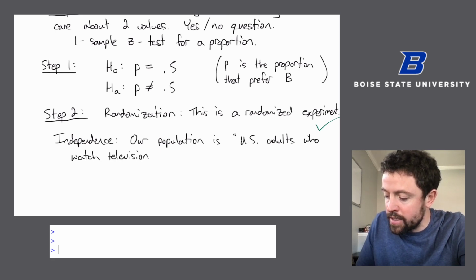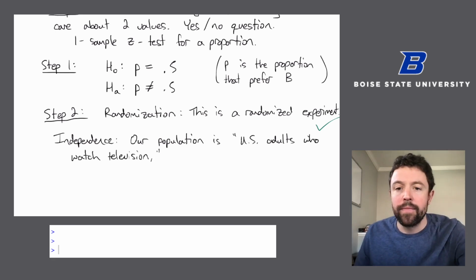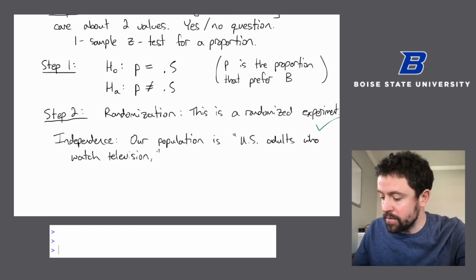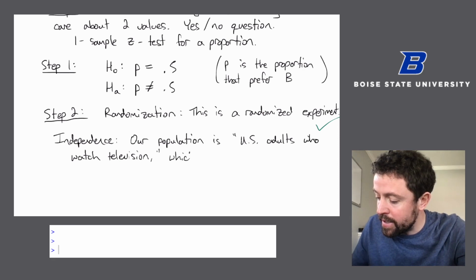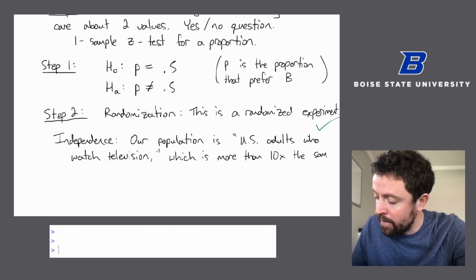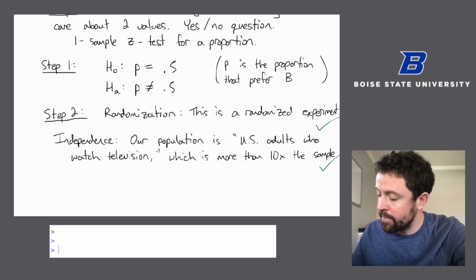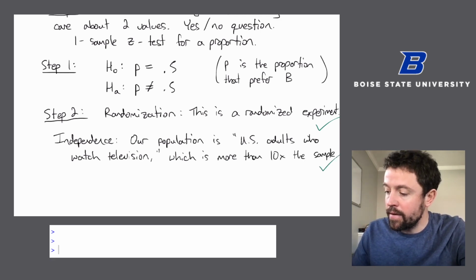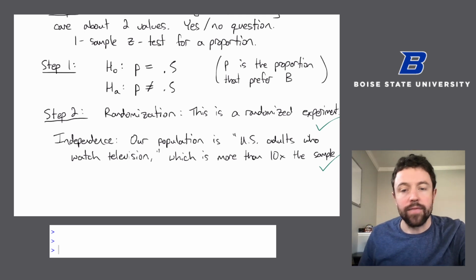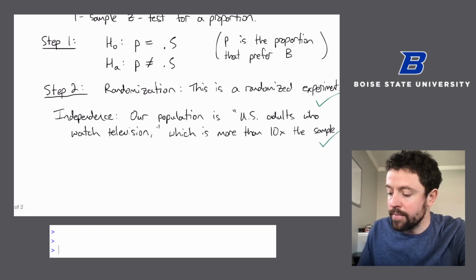And our condition is just that this is much larger than the sample, and there are more than 850 adults in the US who watch television. So this is more than 10 times the sample. So this is satisfied. And you might have had a slightly different population. That's fine. We weren't given a ton of information here.